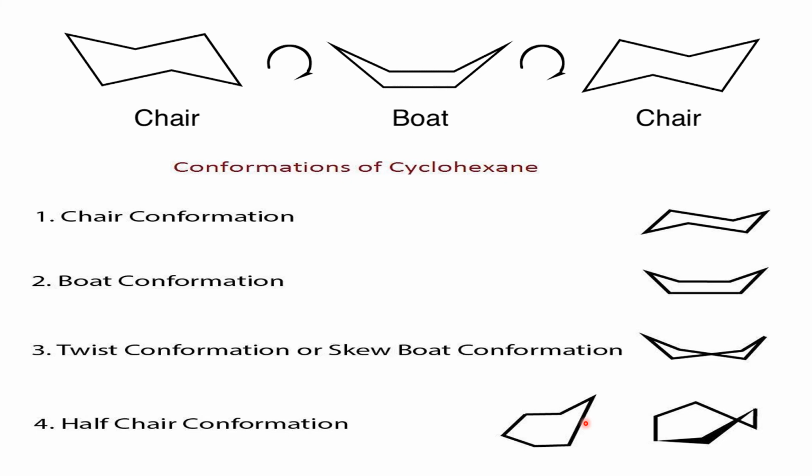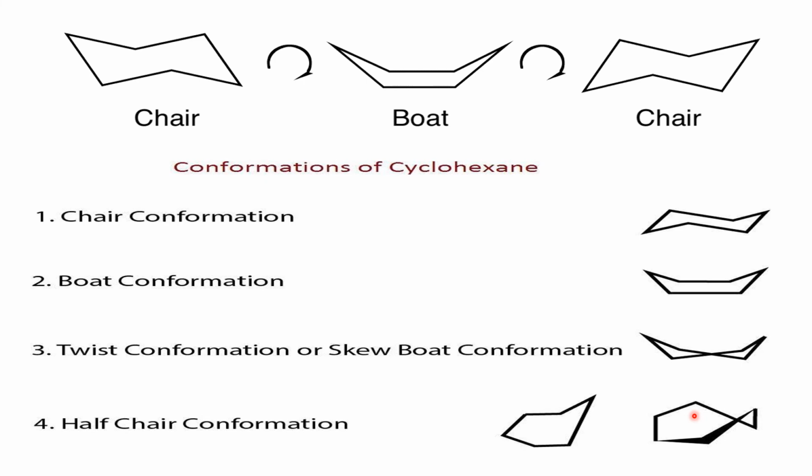So during the transition of chair to boat conformation or boat to chair conformation, it occurs through the formation of the twist or skew boat conformation, the half chair conformation, etc. You got it?